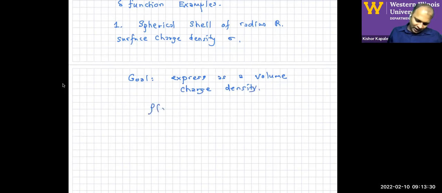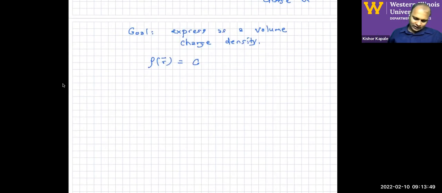So this rho of r would have some dependence on sigma, right? But we don't know what that is. Or we can even just say total charge Q. So you can then relate Q and sigma.